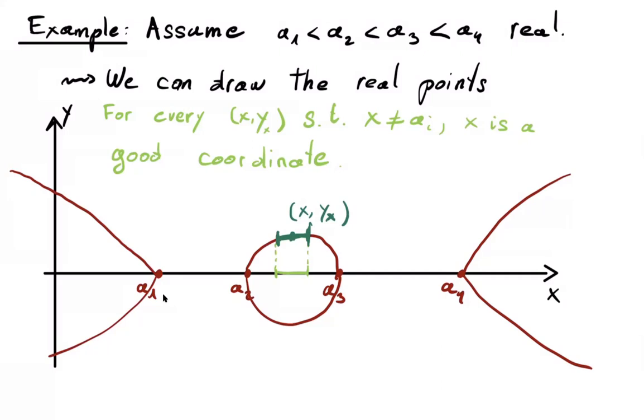Well, you can easily see that just specifying the x coordinate will be enough. In this neighborhood of this point x, y sub x, specifying this x coordinate is enough. So whenever x is not one of the a_i's, I can use x as a local coordinate on my curve.